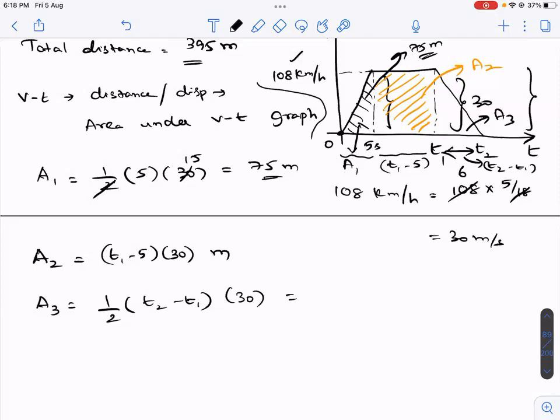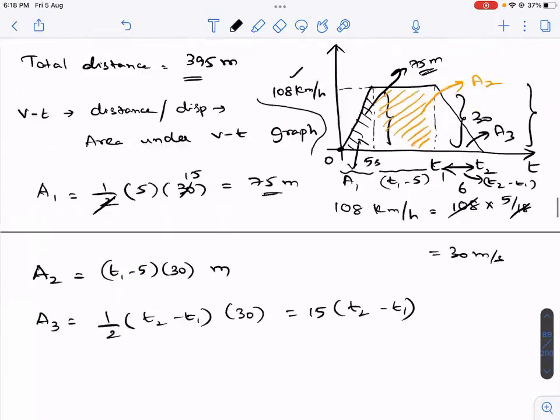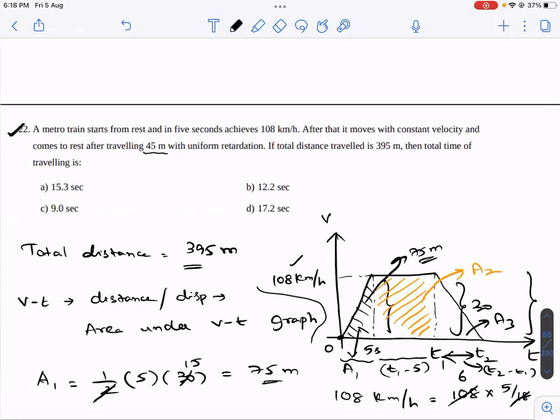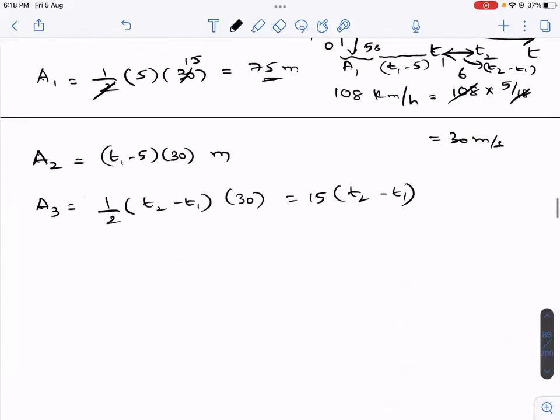So it is going to be 15 into T2 minus T1. So this is A3. But remember, the distance covered with retardation is given to you, that is 45 meters. Right? So A3 is 45 meters, which implies T2 minus T1 is 3 seconds.